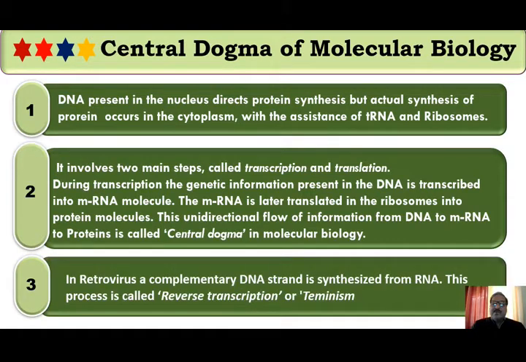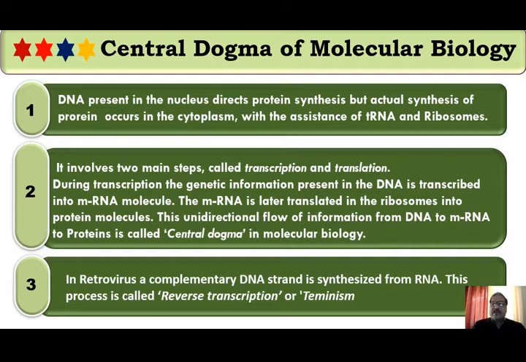Now, in organisms where the genetic material is RNA, like the retroviruses, there the RNA first synthesizes DNA, that is the genetic information on RNA is transferred to DNA through a process called reverse transcription, and this was discovered by Temin. Hence this phenomenon is known as Temin-ism. So this whole process we call it as central dogma reverse.